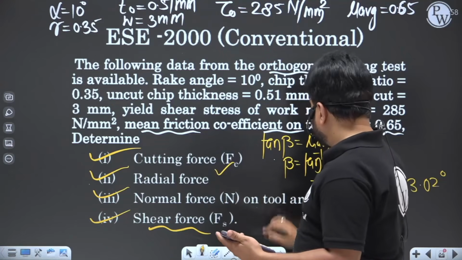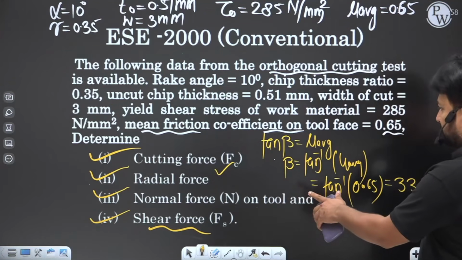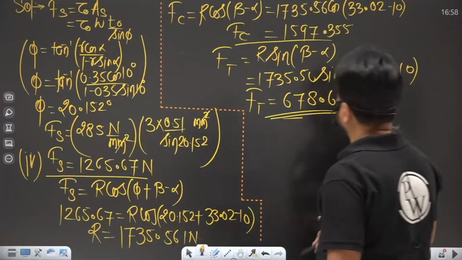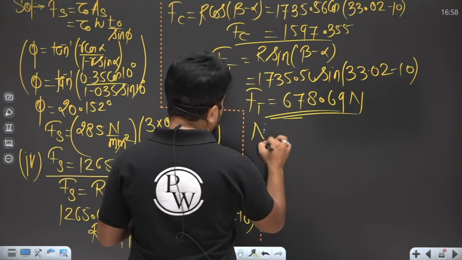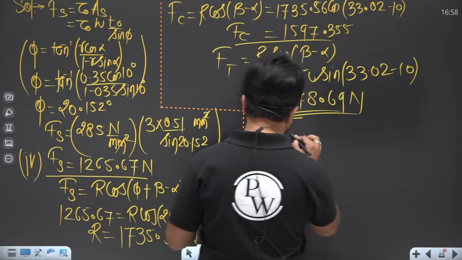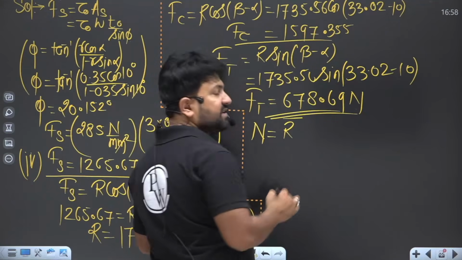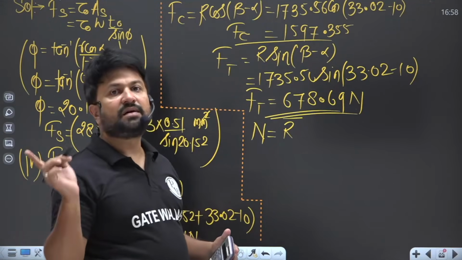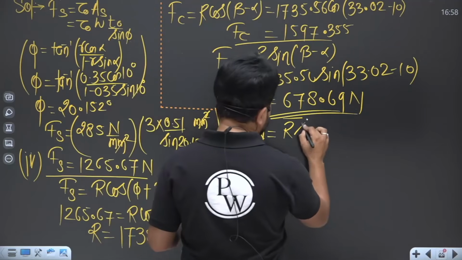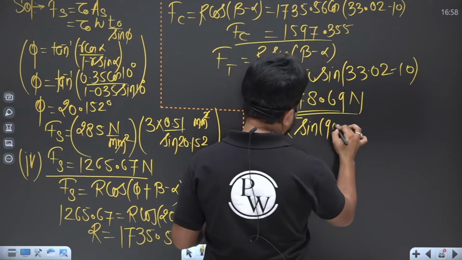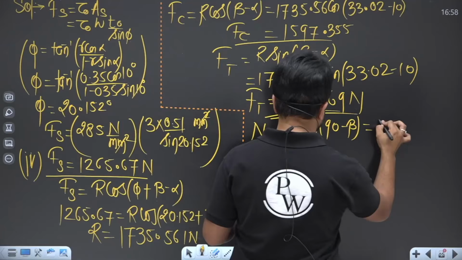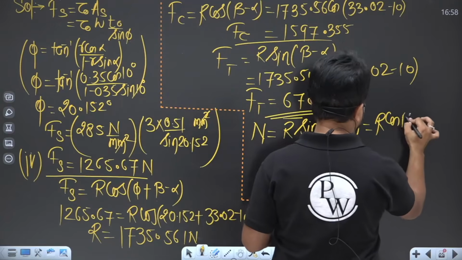Cutting force, okay, you should know the value of normal force. What is a normal force? Friction is R sin beta, and normal force is R cos beta.